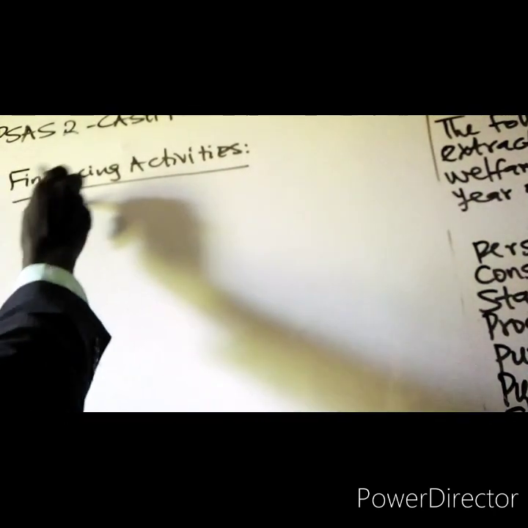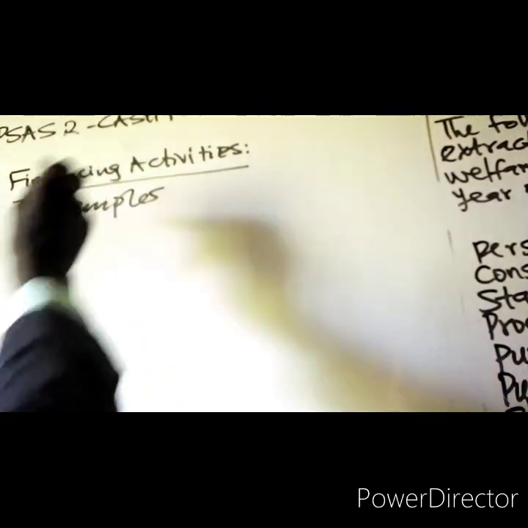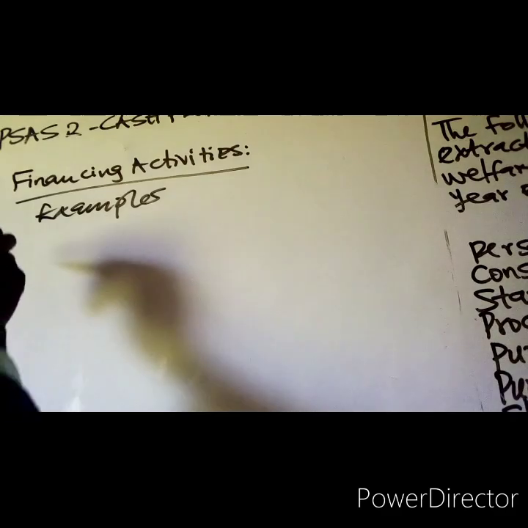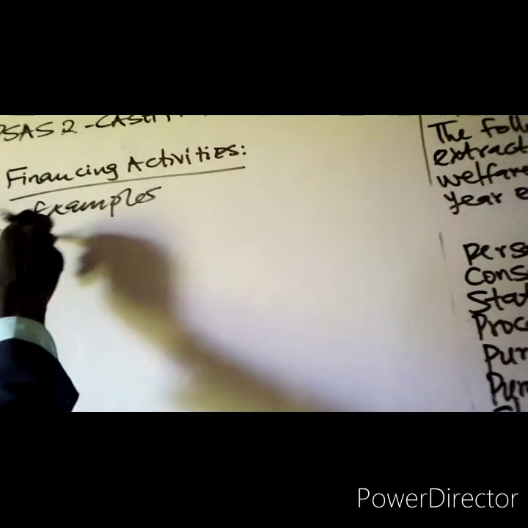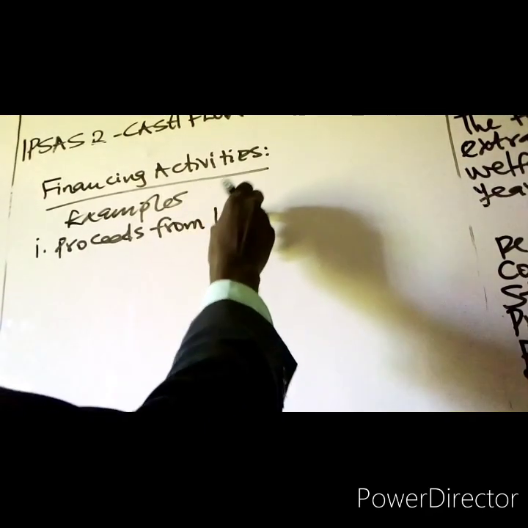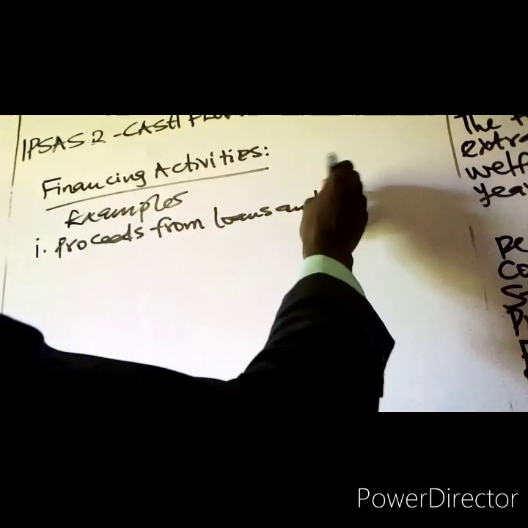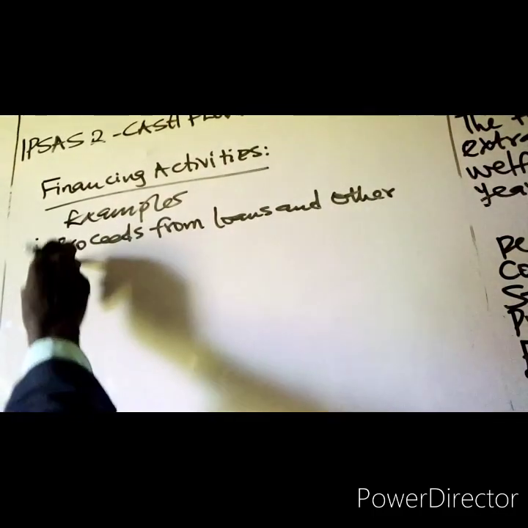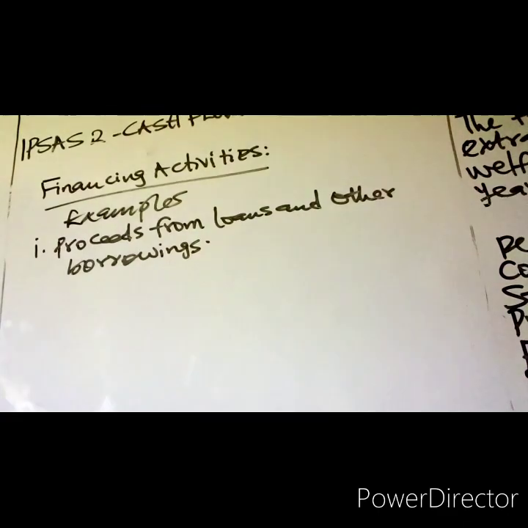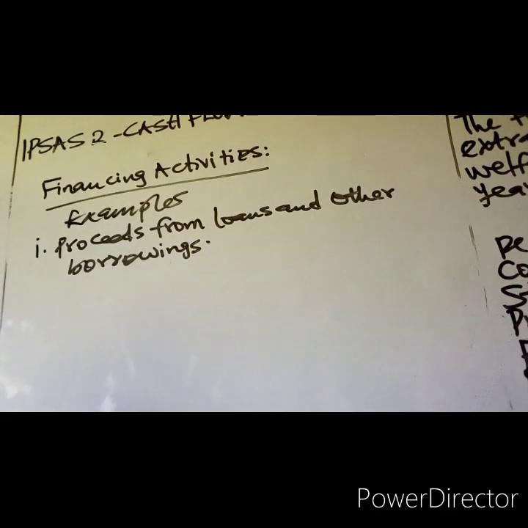Examples of financing activities. Number 1, we have proceeds from loans and other borrowings.